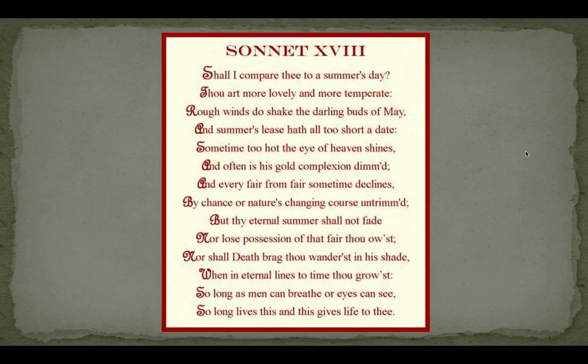We know that we've got our theme and our topic. We're talking about summer's day, so there's lots of imagery related to summer and warm weather and the outdoors and things that happen during spring and summer. So we've got "rough winds do shake the darling buds of May."